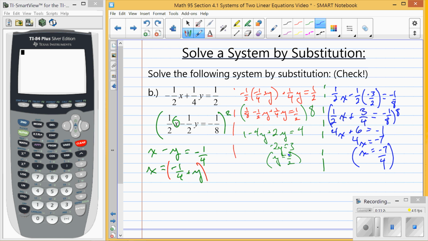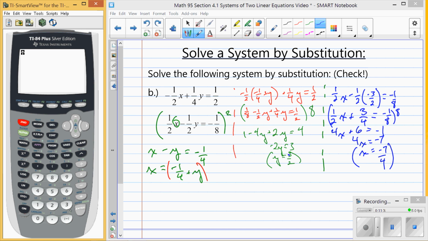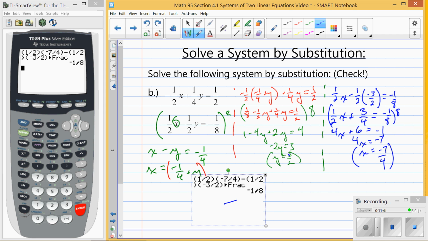Now you might be thinking to yourself, gee, that seems very familiar. It should be. Like I said, we did check this equation back on the previous slide. In fact, if you notice, in my calculator, I still have the check for this. So I'm going to drag that back over here.